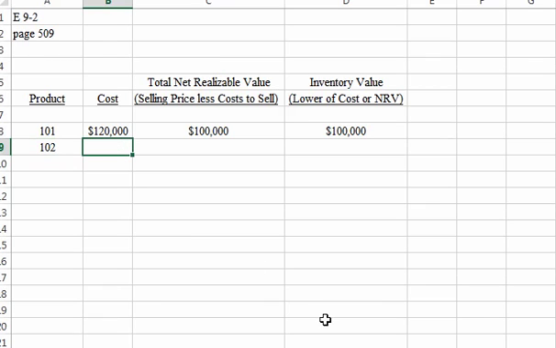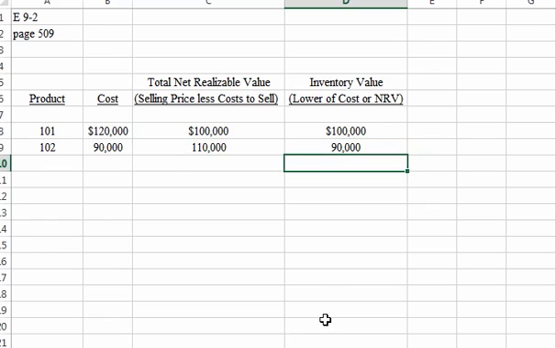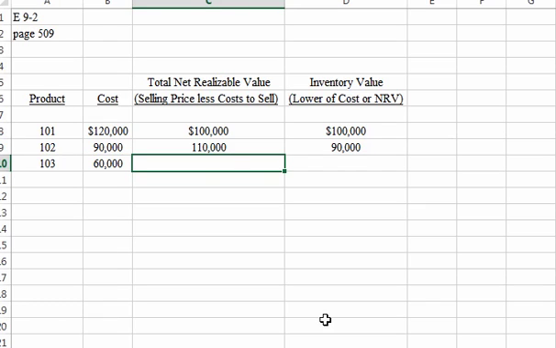Okay, the cost on 102 is $90,000. The total net realizable value is $110,000. The lower of the two there is $90,000. Or for 103, total cost is $60,000. Total net realizable value is $50,000.